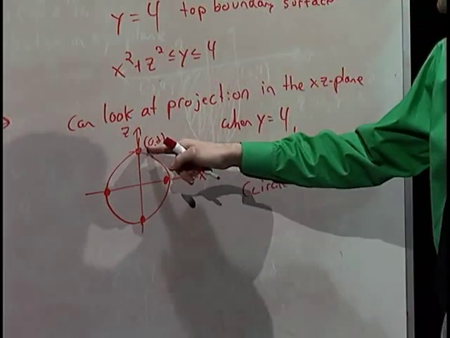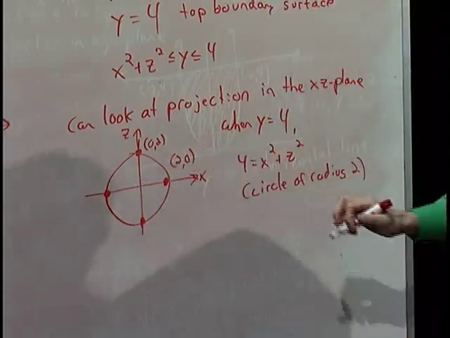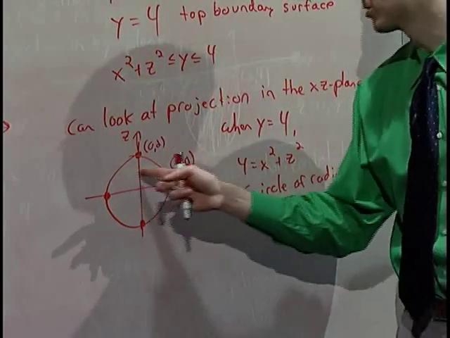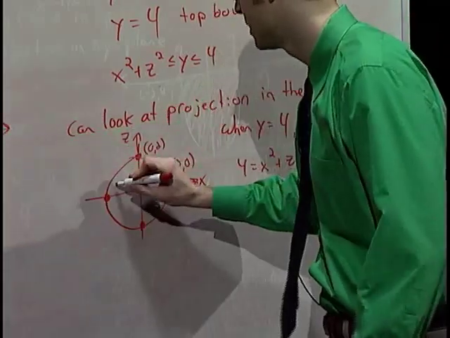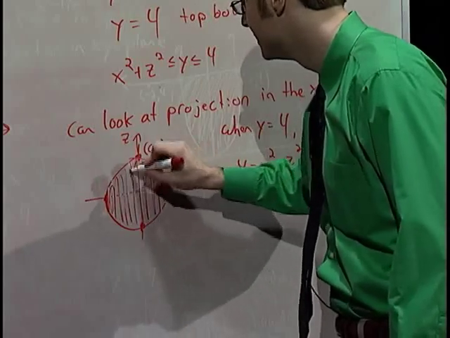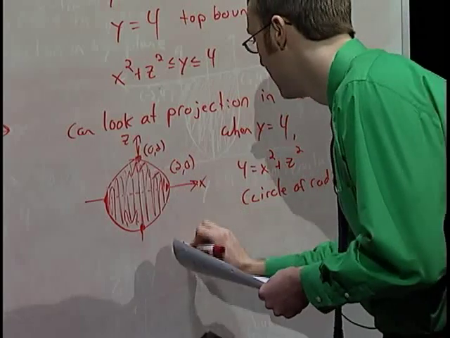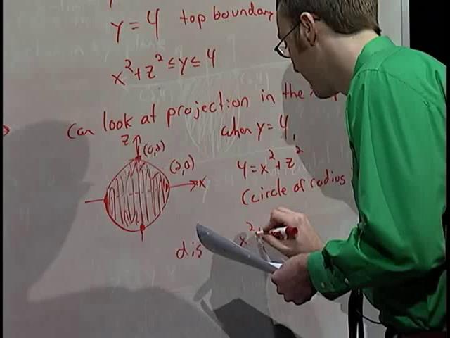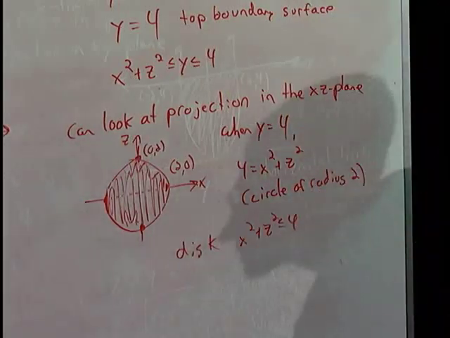So this is x is 0, z is 2, and this is 2, 0, where x is 2 and z is 0. So this is the xz plane, right? Then everything inside of this circle is also part of the region of the integration, because they're all getting smaller and smaller. So our region is then the inside of this disk, x squared plus z squared is less than or equal to 4, right?